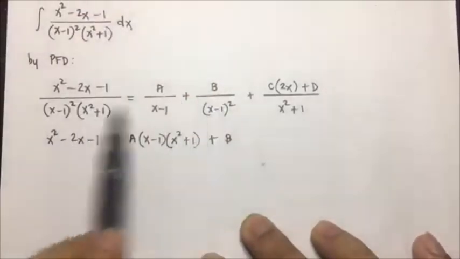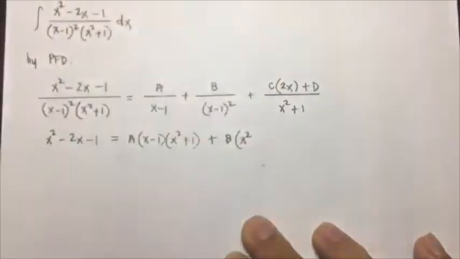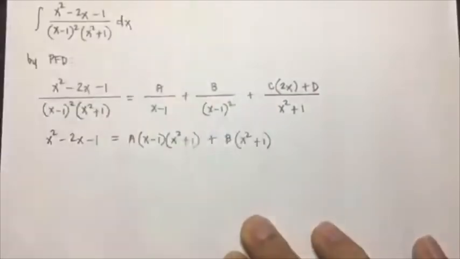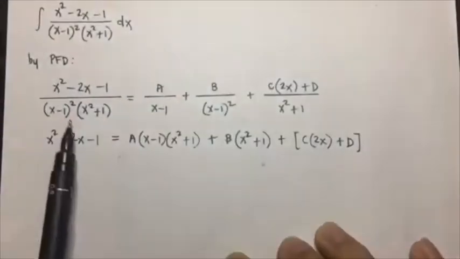If you multiply this, it will cancel x minus 1 squared, so what will remain is x squared plus 1, plus c times 2x plus d multiplied by, if you multiply this with this, what will remain is x minus 1 squared.